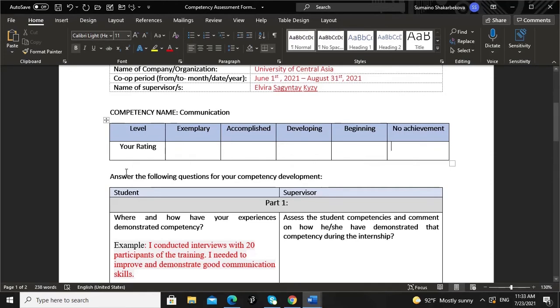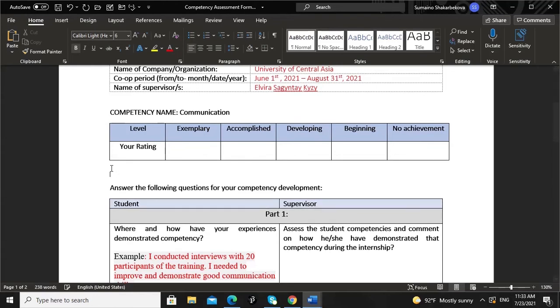And once you already understood this level of rating and you rated your first competency name, then you can go ahead and write your second competency name.